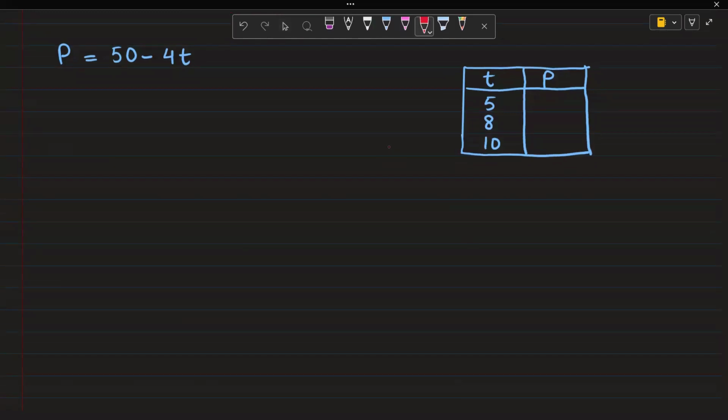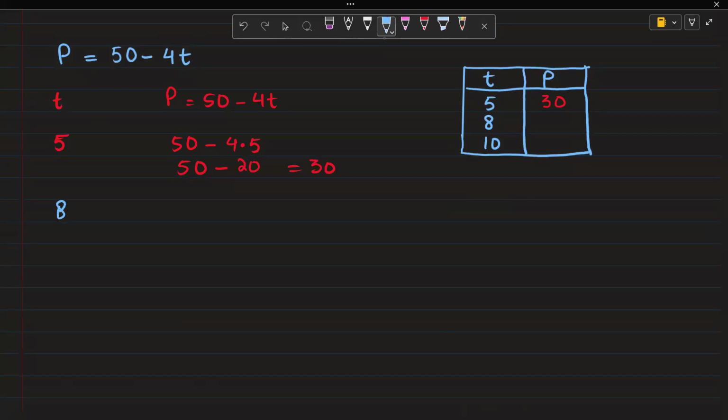Now here we have t and p. When t is 5, p is equal to 50 minus 4t. So 50 minus 4 times 5, which gives us 50 minus 20, which is equal to 30. So this goes as 30 here.